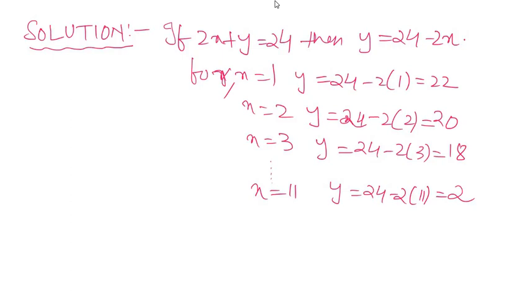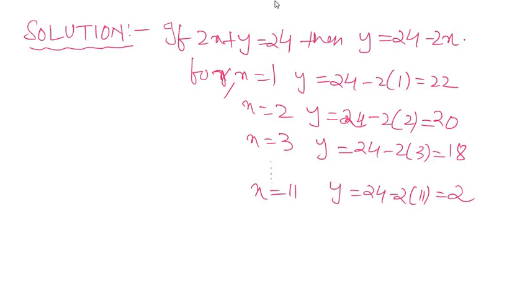If you put x equal to 12, then y will be 24 minus 24, which is equal to 0. But you see, both x and y belong to natural numbers only. So the domain of the relation R will be from 1 to 11.